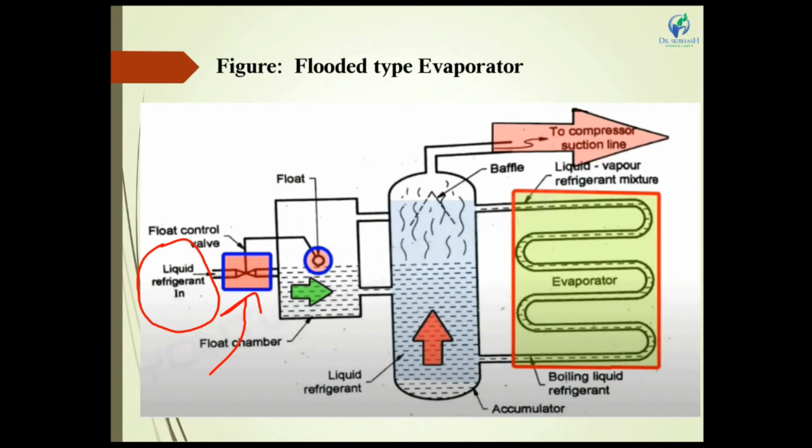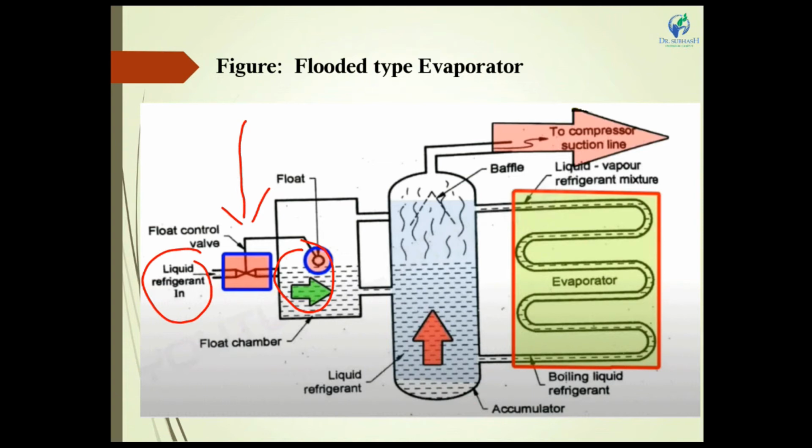Then the refrigerant passes through the expansion valve to the float chamber. Here is liquid refrigerant, and here is also liquid refrigerant. This process is the throttling process.